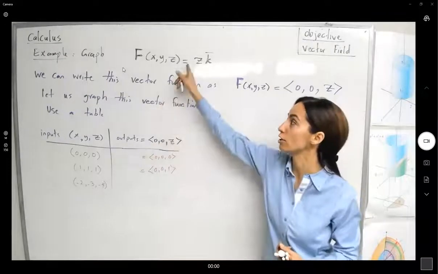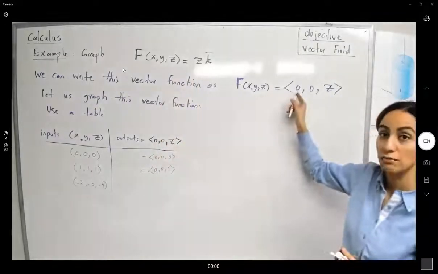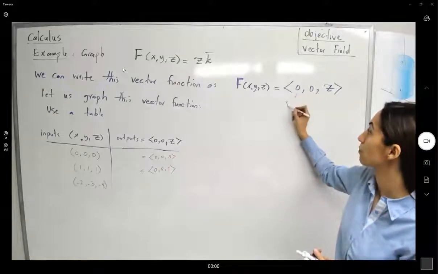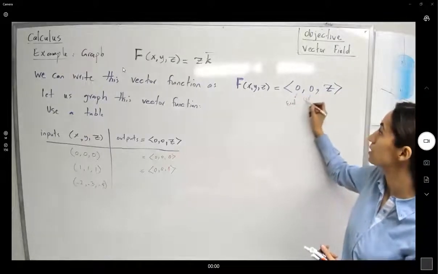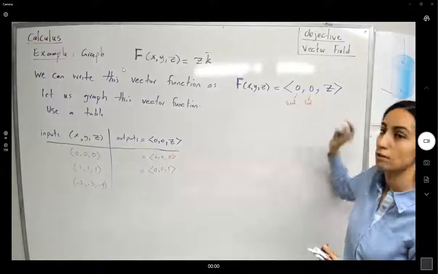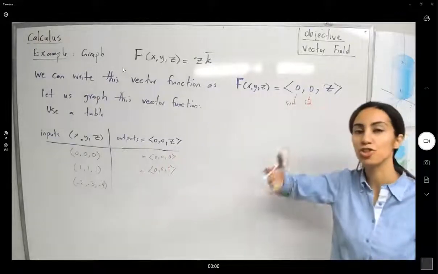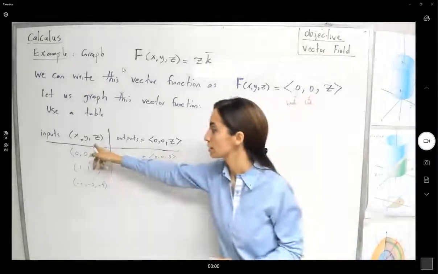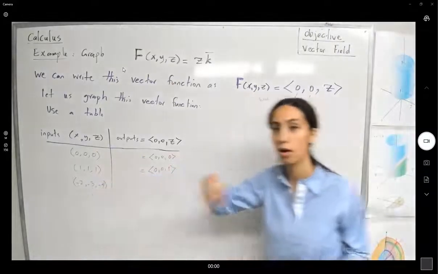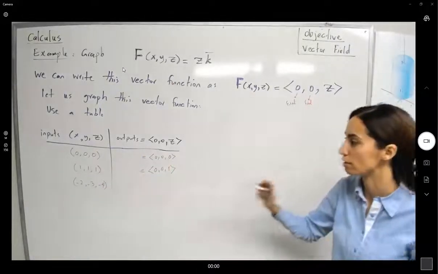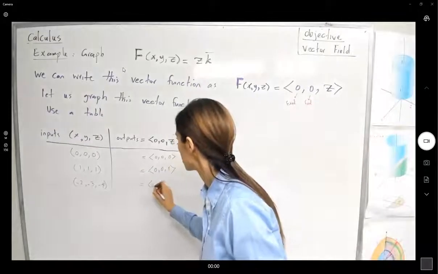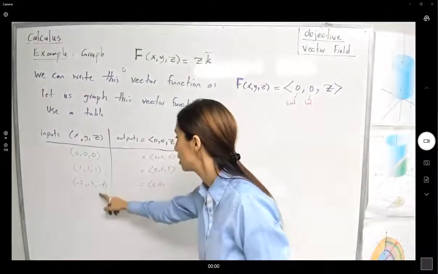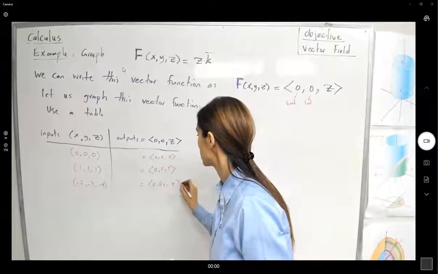The first component is fixed, 0. The second component is fixed, which is 0, but the third component is changing based on the third coordinate of the position of the particle that is moving. So the first component is 0, the second component is 0, and the last component is -4.